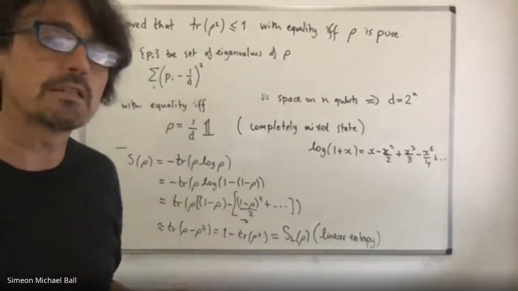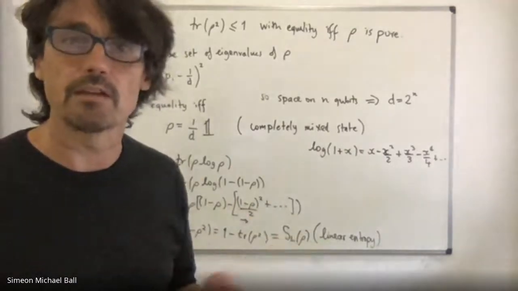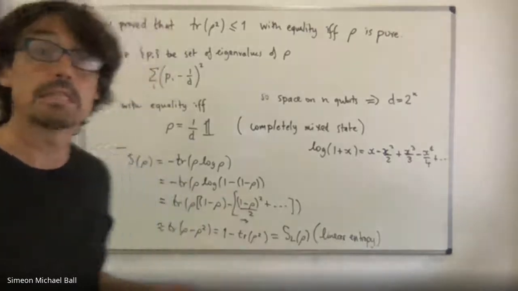The reason I don't put in 2 to the n is that we're going to vary that dimension later, so it's just going to be d.